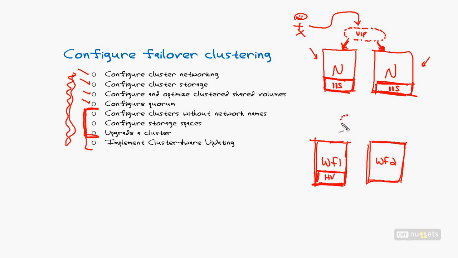When that happens, and I build my cluster virtual IP and network name, and my happy little user attempts to use a clustered resource, that clustered resource only exists in one location. If this server should die, then the clustered resource needs to be failed over to the next location, whatever that resource happens to be. But there's only ever one instance of that resource existing on the cluster at any point in time.